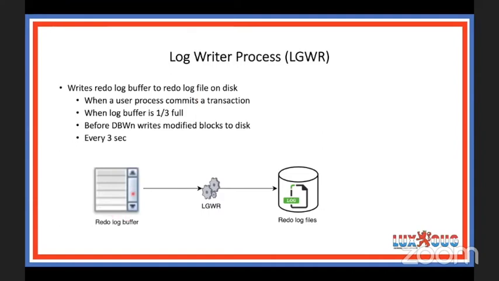The information from the redo log buffer goes to the redo log files, and later, if our instance crashes, instance recovery happens automatically by Oracle, reading all changes after the latest system change number, and Oracle starts. Another schedule is when the log buffer is one third full and before the database writer writes modified blocks to disk, or every 3 seconds.